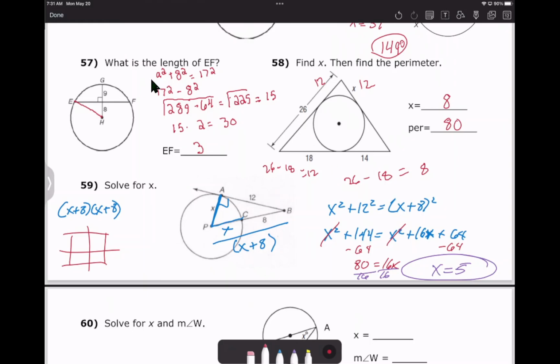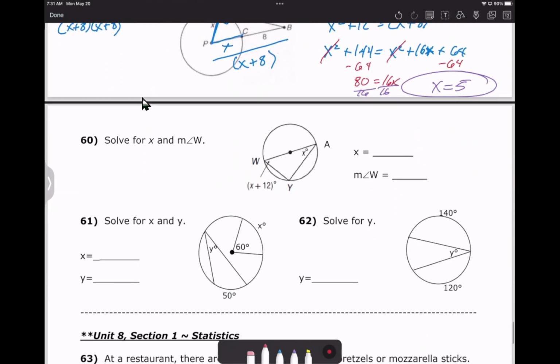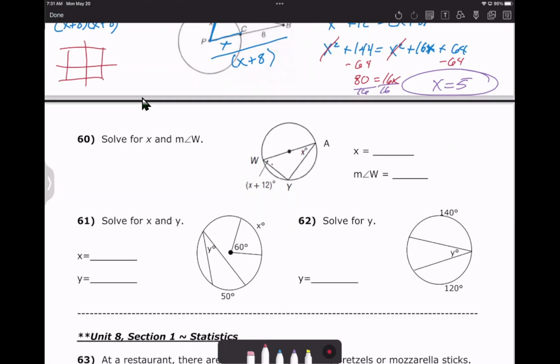All right, Harrison. Okay, what'd you get? That is not correct. What kind of angle is y? It's a right angle, which means these two angles have to add up to 90 because that's all that's left in the triangle. Can you figure it out now? Well, no, they're not equal, but they do need to add up to 90. So can you add them together instead of equal to 90? What do you get?